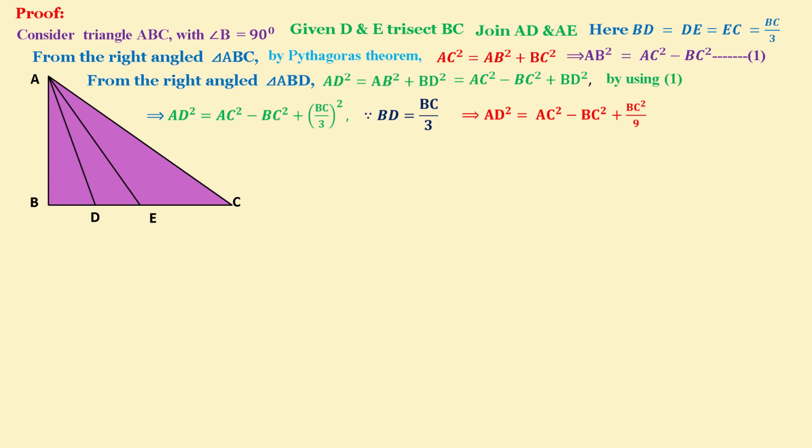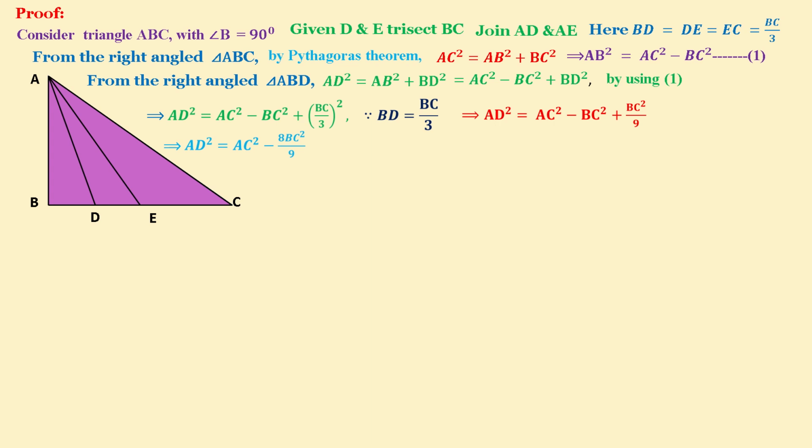This implies AD square is equal to AC square minus BC square plus, squaring numerator and denominator separately, BC square by 9, since 3 square is 9. Grouping, AD square equals AC square plus the LCM 9: minus 9 BC square plus BC square in the numerator, divided by 9.